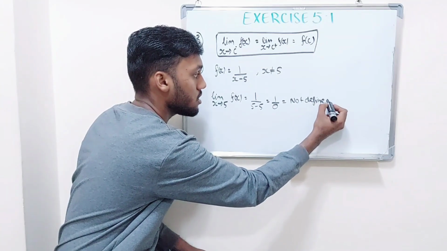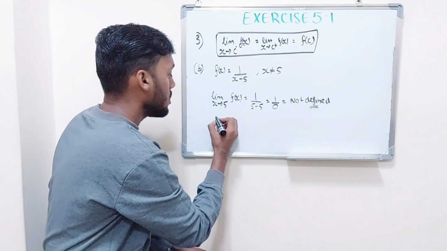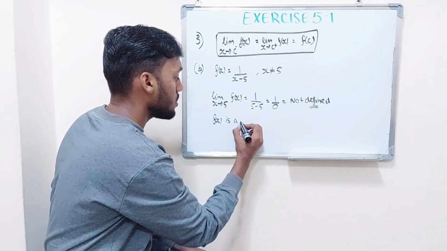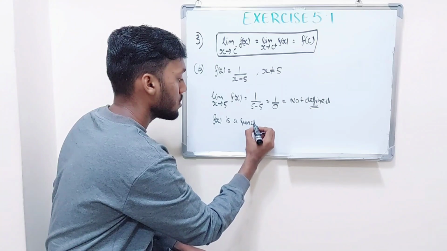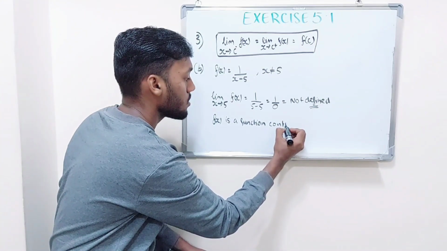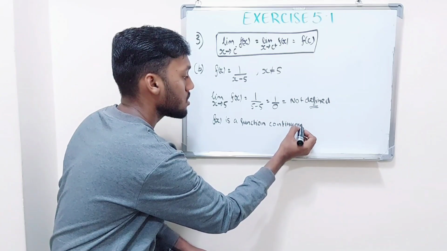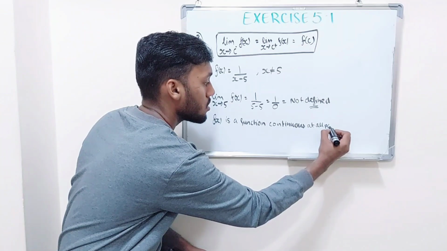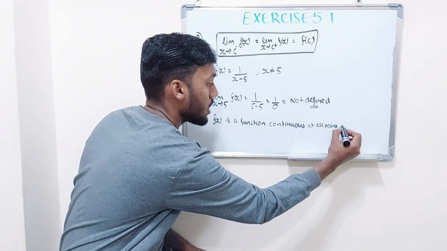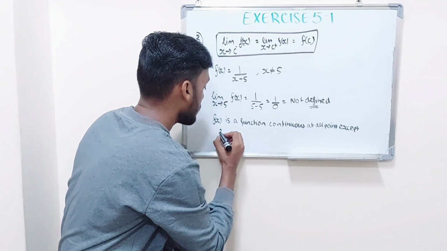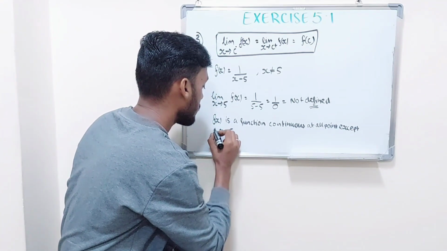So in this condition we can say that f of x is a function continuous at all points except x equal to 5.